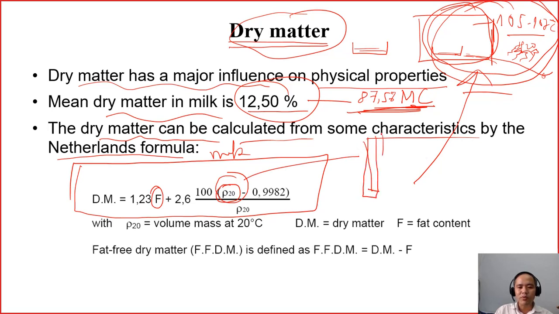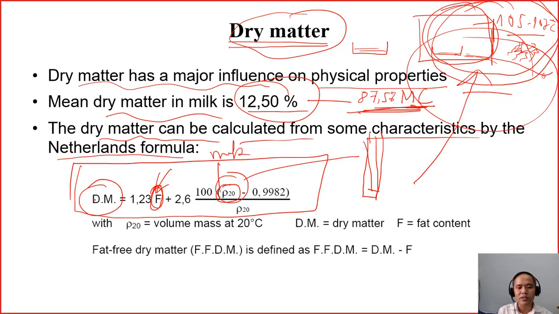It's very simple, and in the lab you will have a chance to learn how to measure the density. It's a matter of 1 or 2 minutes, you can already obtain the density. And for the fat content, there are a number of methods which also do not require a long time. So when you measure these quickly, you can determine the dry matter content by this formula.